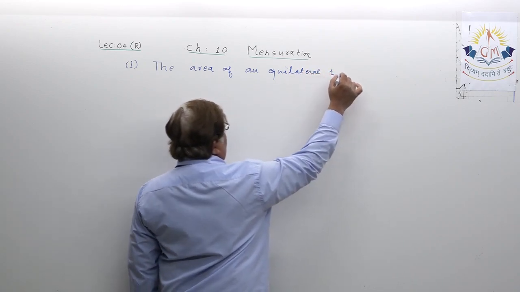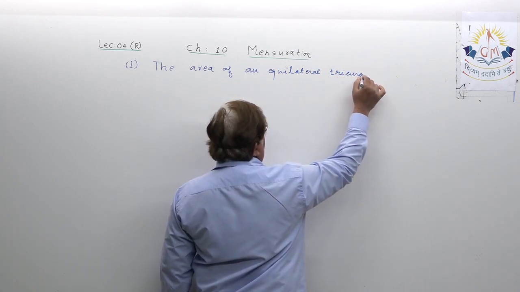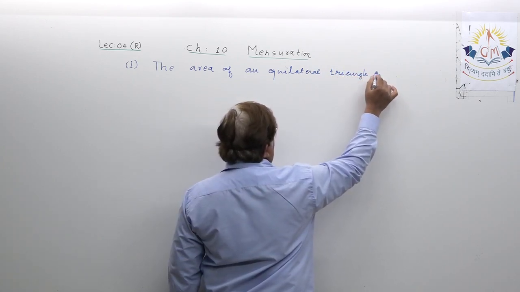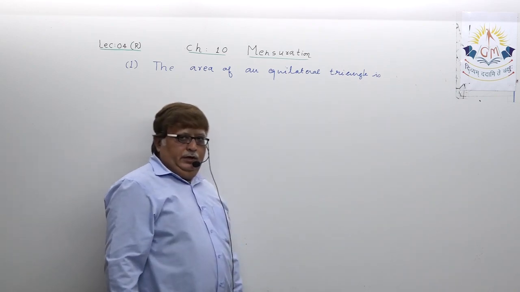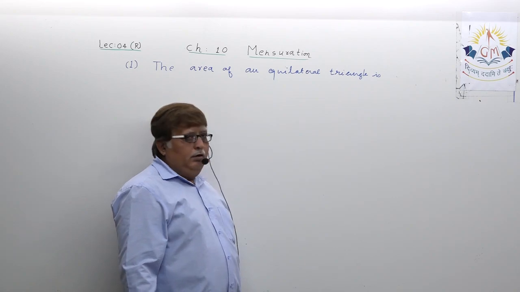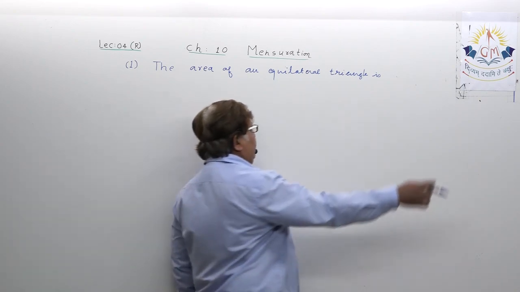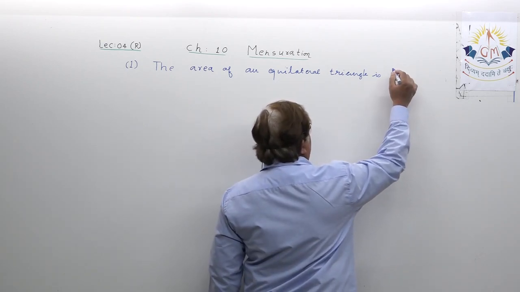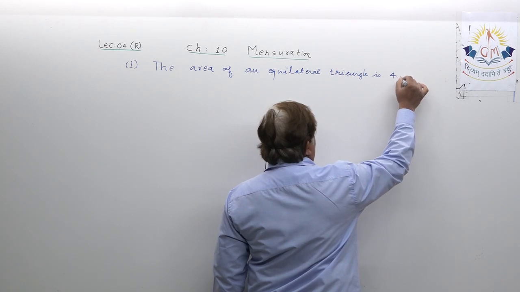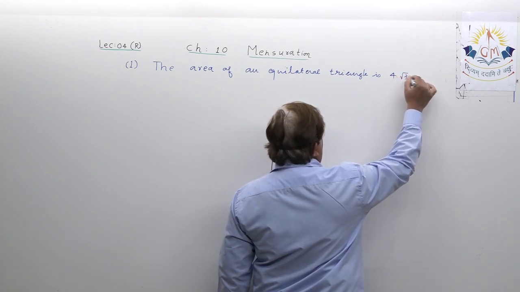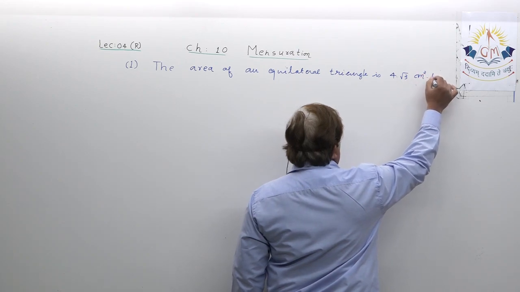The area of an equilateral triangle is 4 under root 3 square centimeter.